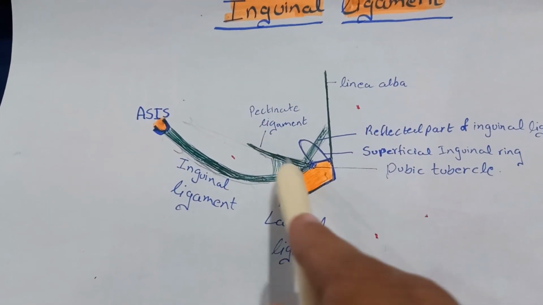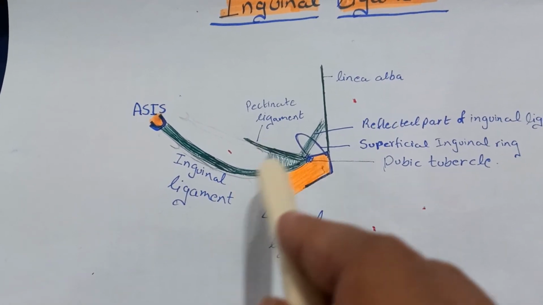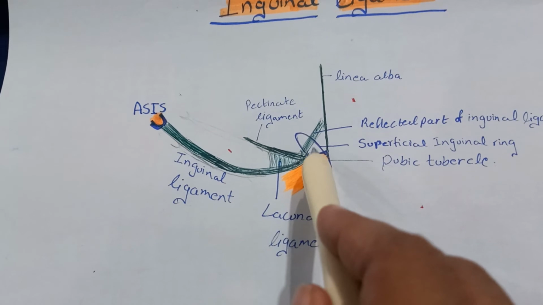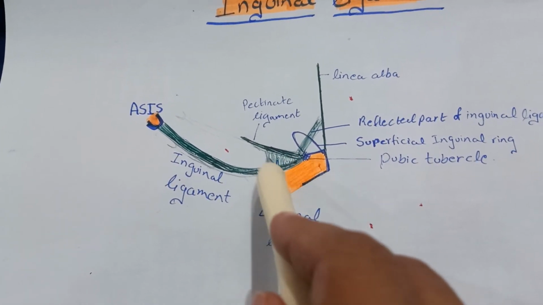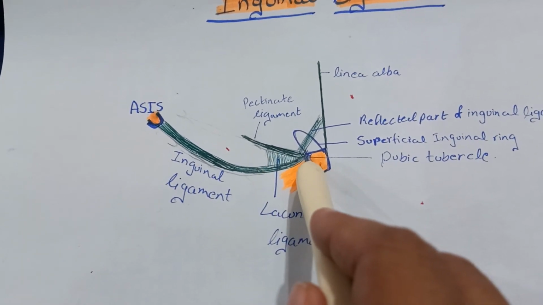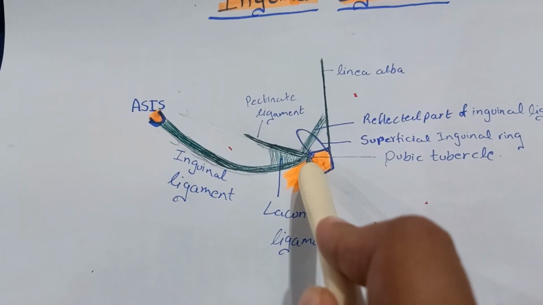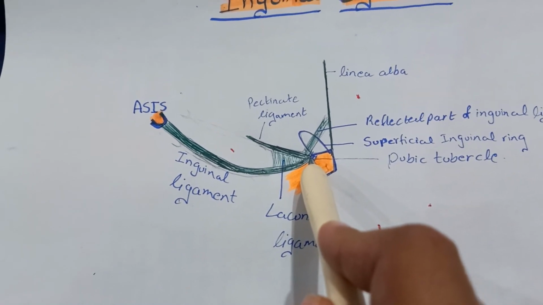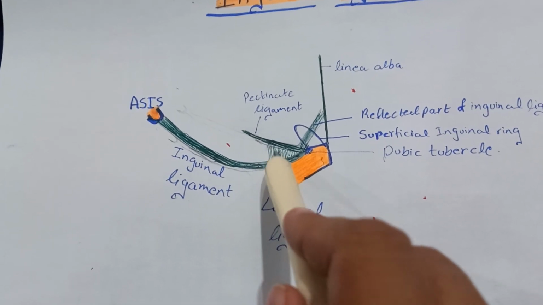Posteriorly, this lacunar ligament is attached to the pecten pubis. Apex is attached to the pubic tubercle. This is the base of this triangle and this is the apex of the triangle. So the apex of the lacunar ligament is attached to the pubic tubercle, and laterally it forms the medial boundary of the femoral ring.